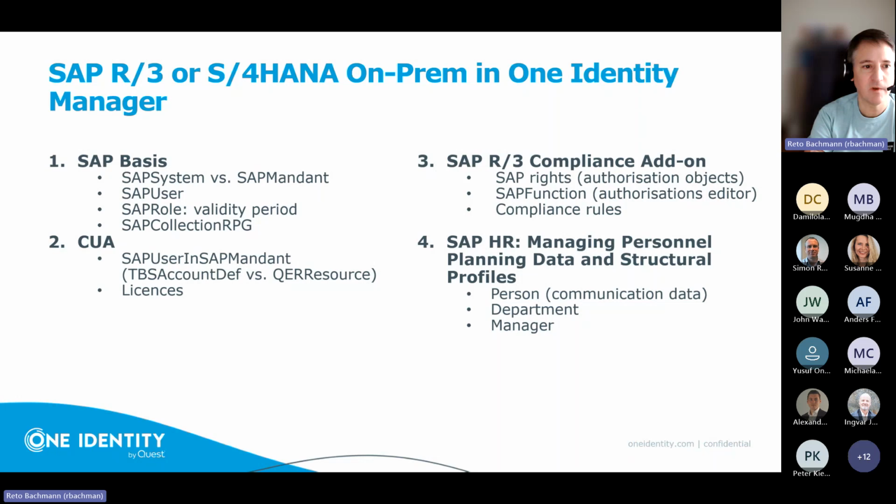So SAPsubsystem, SAPsubmandant, SAPsubuser, SAPsubrole. That's specific for the basis part. Then we have for the CUA the SAPsubuser in submandant, which I will come to later on what this means. And then we have also the SAPsubright and SAPsubfunction, which is for the compliance add-on. And then on the HR side, we are using the standard tables like Person, Department, Manager, which are used on our side for the HR data.